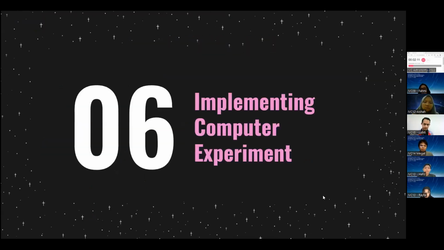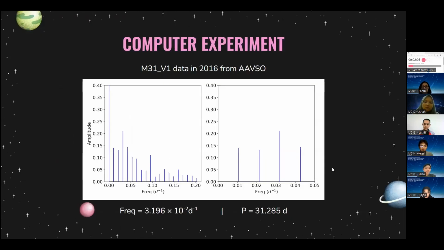Next, after we have the code, we are doing a computer experiment. We use that code for the first Cepheid in the Andromeda Galaxy, and we get the data from the VSO. We use the observation data from 2016.